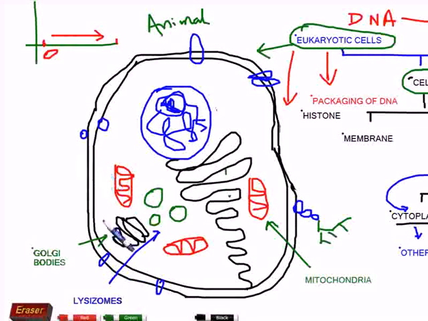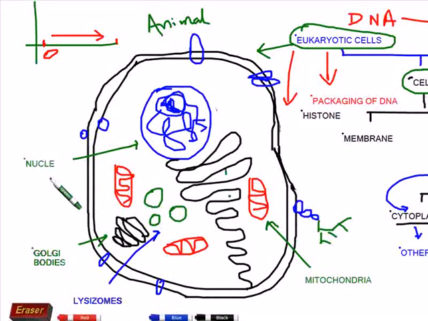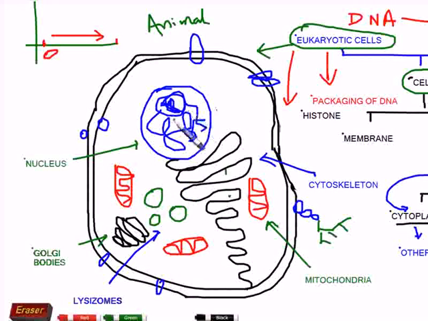We also have the nucleus, a very important one, and we have this, what is it called? It is called the cytoskeleton system, and we have small dots like this in the cytoskeleton, or the endoplasmic reticulum.